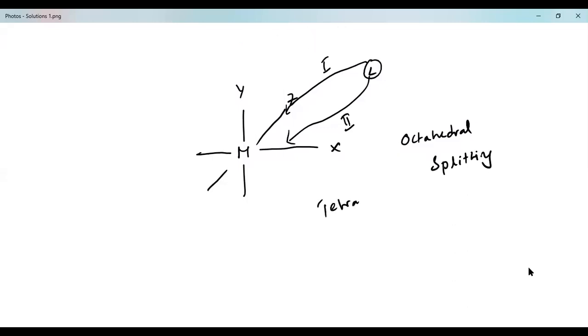Tetrahedral splitting. So, octahedral splitting as well as tetrahedral splitting. What is the difference between them?